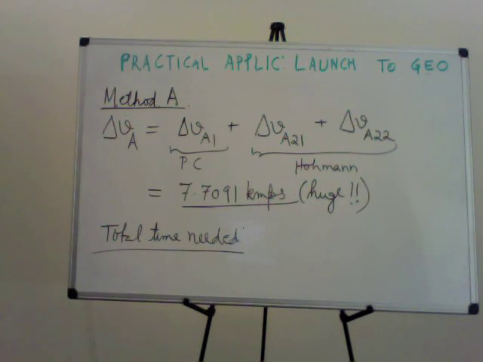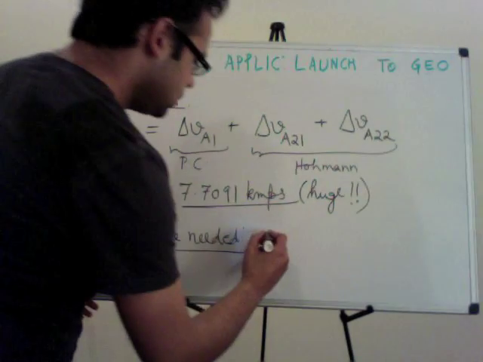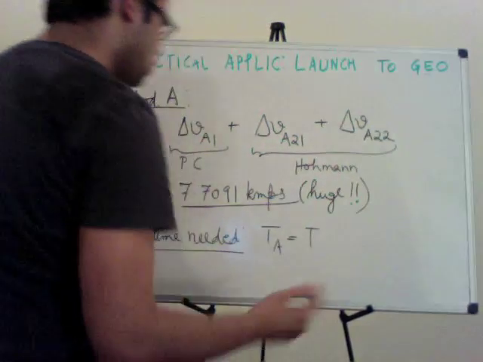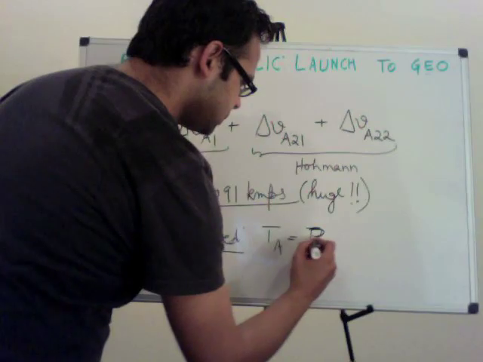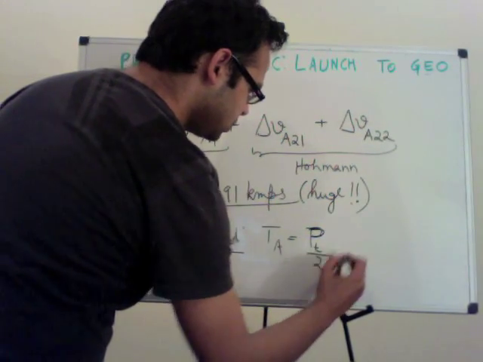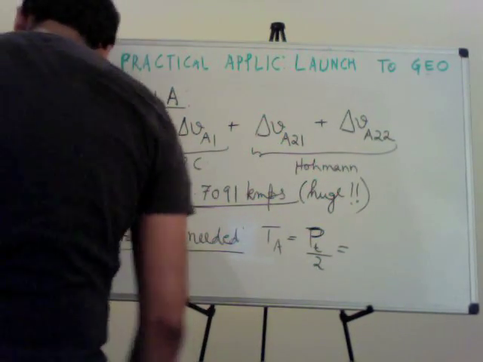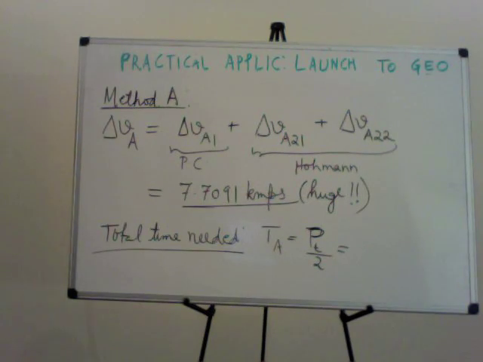And the Hohmann transfer is what takes up time. And so T, method A, is T Hohmann transfer, T transfer ellipse over 2, which is what? 5.28 hours.